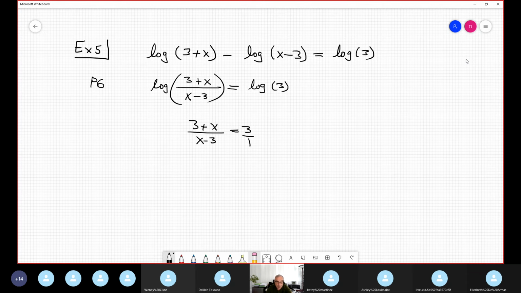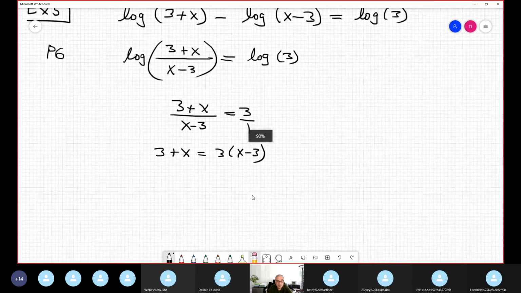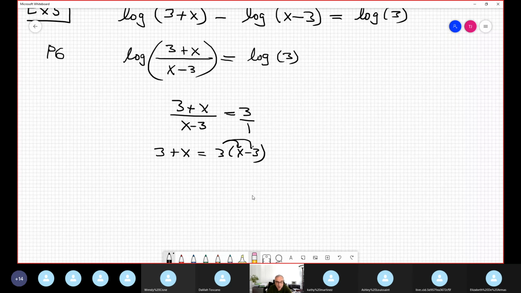Now, why not cross multiplication? 3 plus x times 1, and 3 times x minus 3. Okay, now you apply this 3 with the property. It is 3x minus 9. 3 plus x is equal to 3x minus 9.